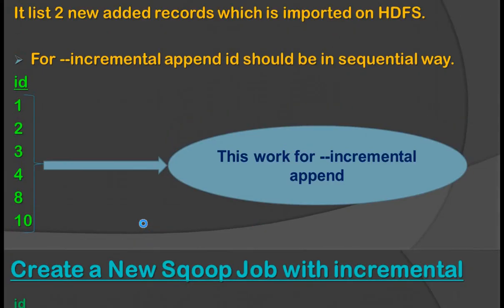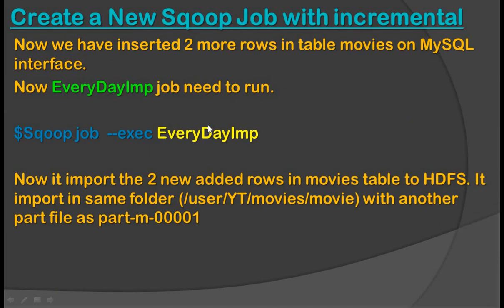It means suppose at this time ID is equal to 10 and we imported two records, and next time we insert 2 or 5 more records into the MySQL movies table and execute this sqoop job again.